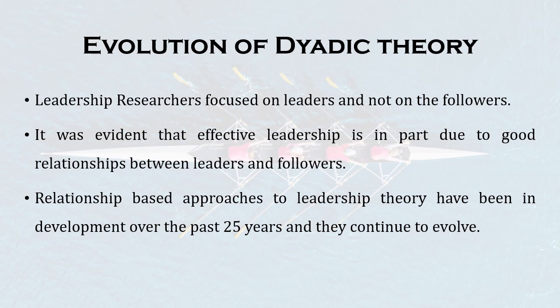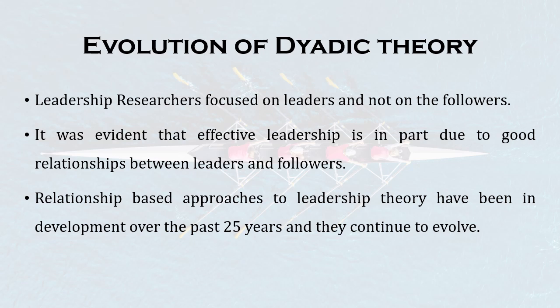Now, this relationship based approach in leadership theory has been developed in the recent past, just 25 years ago, and it is still continuing. The research is still going on, and improvements on this particular theory are still being done.